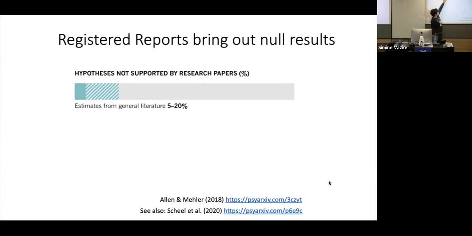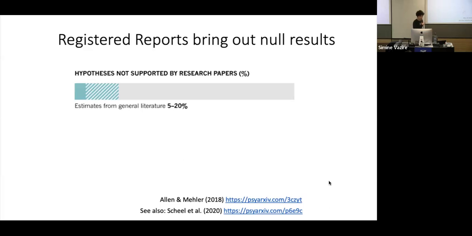So 5% here is where in the traditional literature, the researchers did not find what they expect. In other sciences, it's a little bit higher, like maybe up to 10%, 20%, but in many sciences, it's extremely rare in traditional scientific articles for authors to not find what they expected.